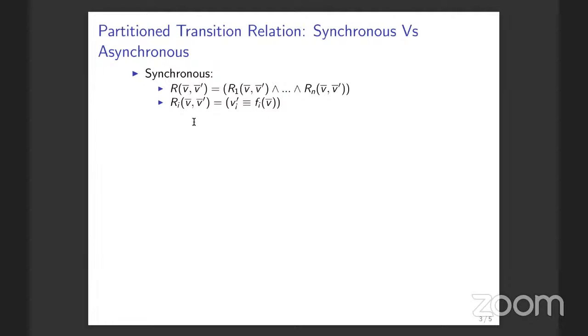Furthermore, each Ri in the case of synchronous looks like this, where there is a function giving the new value for each of the bits. The bar here, in V bar and V bar prime, is not complementation, but rather represents a whole tuple of bits, a bit vector.